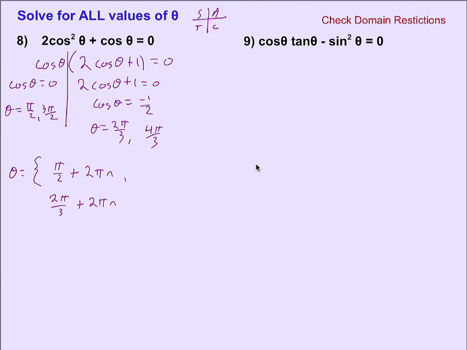But you can say it however you want. And so this plus 2 pi n is our way of saying it's repeating itself every 2 pi radians. So we've got 4 infinitely repeating solutions, and that's how we write them.